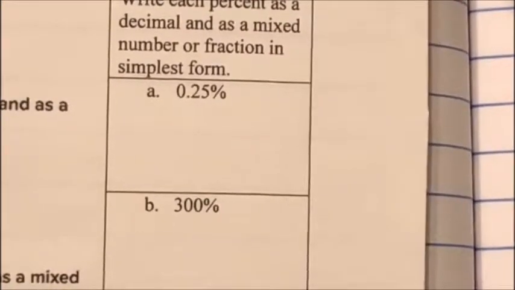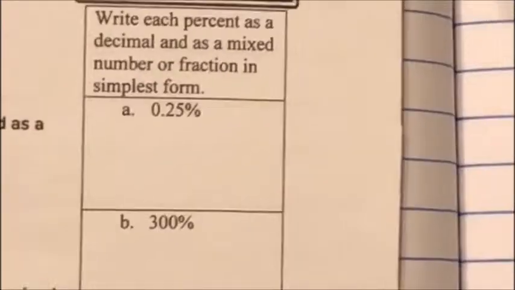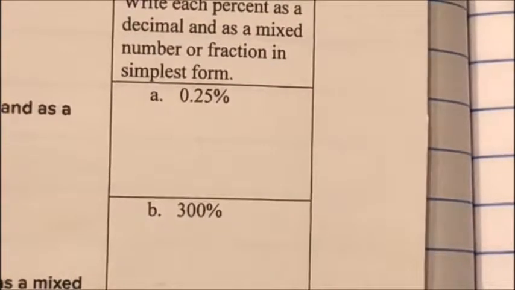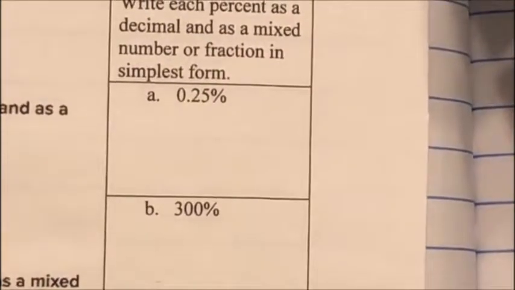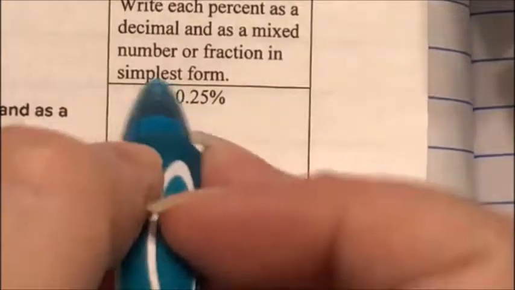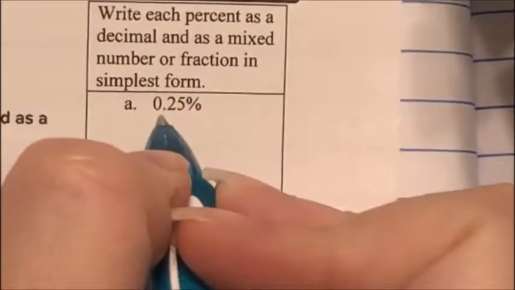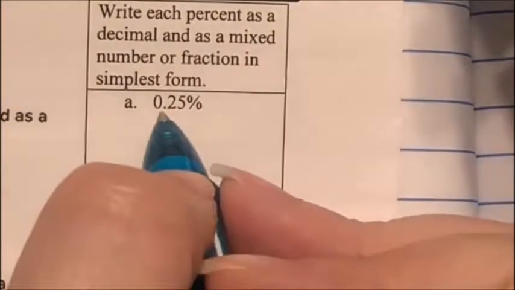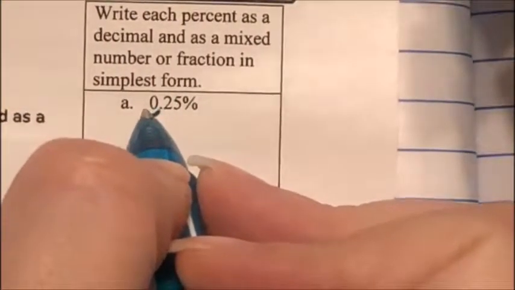All right, the first try it problem says write each percent as a decimal and as a mixed number or fraction in simplest form. So A equals 0.25%. Okay, so 0.25 I can write as a decimal by moving the decimal 2 places to the left.